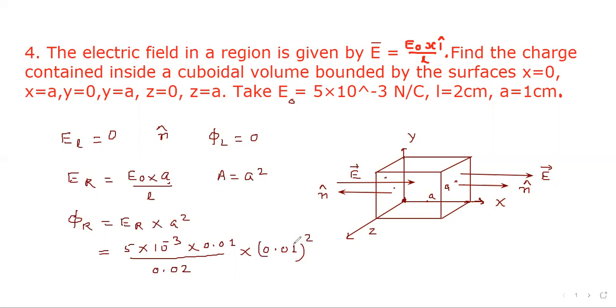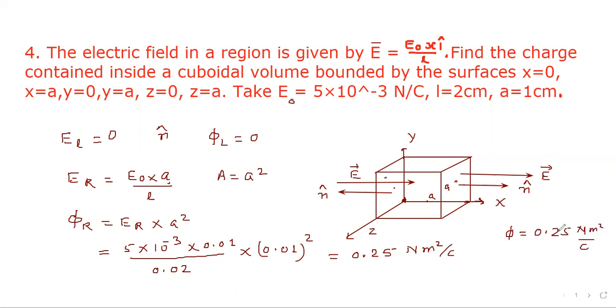Now, if we calculate it, this will become 0.25 Newton meter square per Coulomb. So total flux will be phi R minus phi L, and that will remain this much. So we can say flux will be equal to 0.25 Newton meter square per Coulomb.